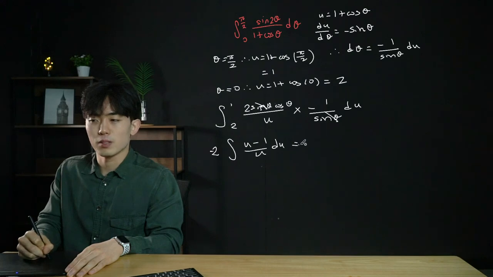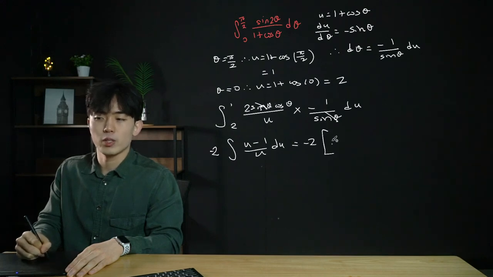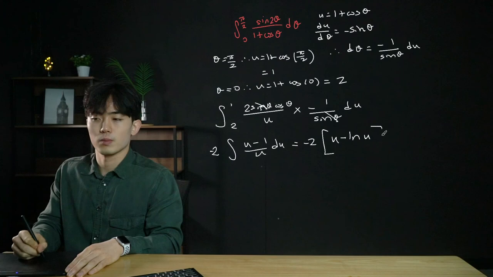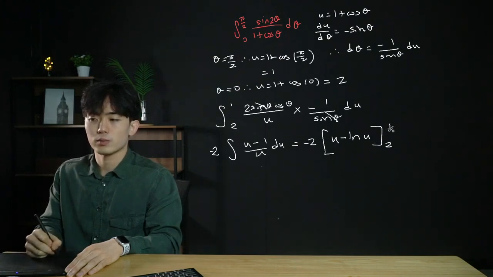This is going to be equal to minus 2, and in brackets, u over u is 1, so integrating that will just give us u. Minus 1 over u, integrating that will give us ln u, natural log u. Okay? And the limits are from 2 to 1.